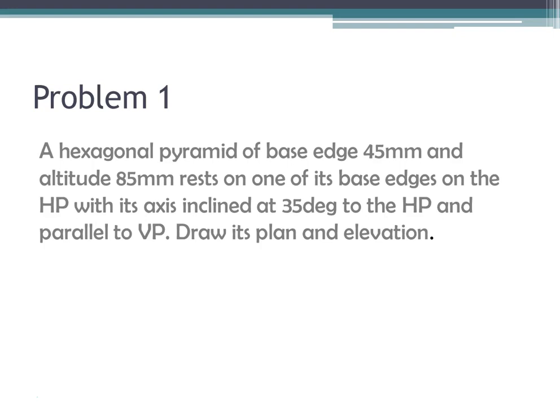So as usual, we'll start with an initial position which is suitable for the next stage of positioning it. We'll see how this is in 3D first, and then we'll go to the construction.